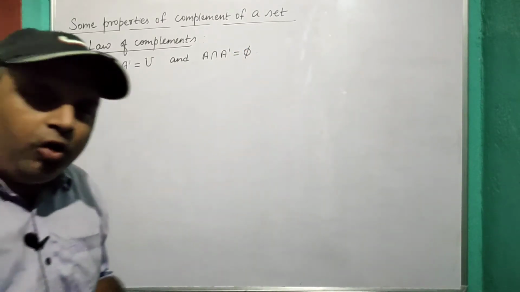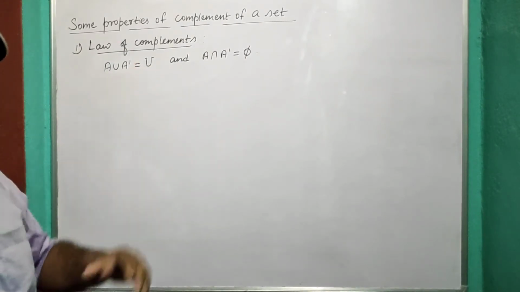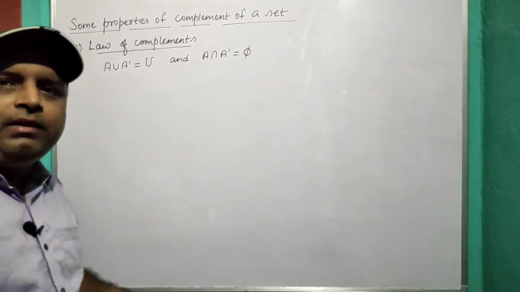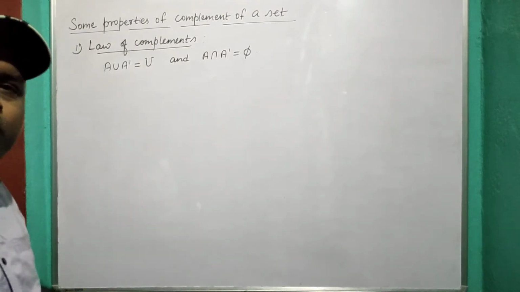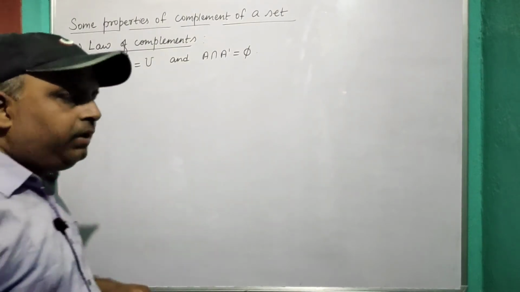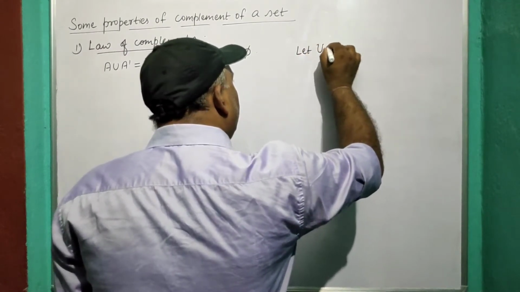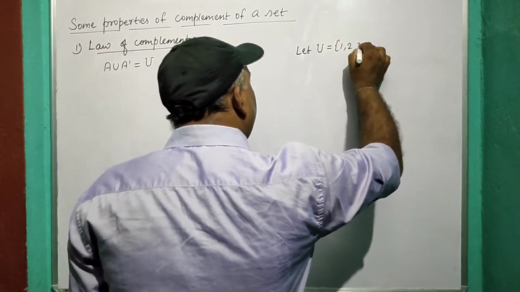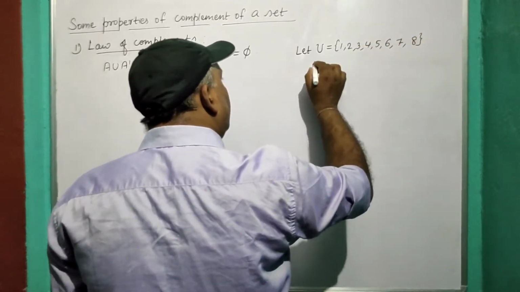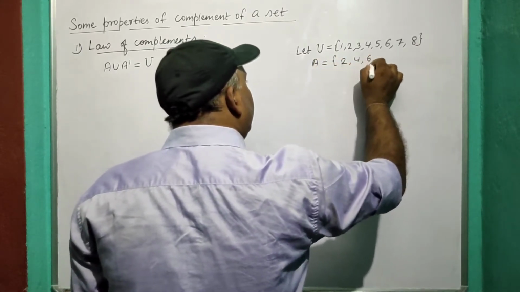So it is obvious that if you find the union of A and A dash, you get the universal set, and if you find its intersection, you get the null set. That you can see by taking some suitable example, or also you can verify by drawing Venn diagrams. For example, let us take the universal set which we had taken just now, U equals 1, 2, 3, 4, 5, 6, 7 and 8, A equals 2, 4, 6, 8.